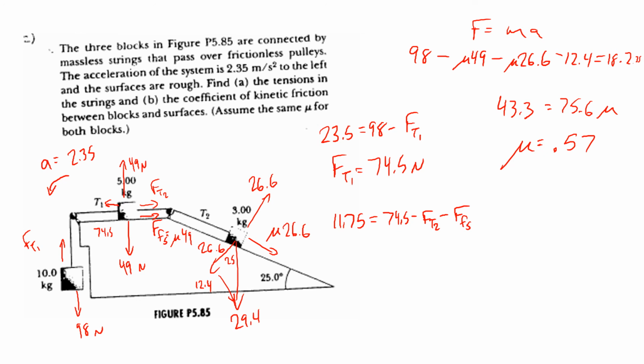So all we need to do is we can plug it into this area now. Since we know what mu is, so we can figure out what this is. This is going to be 49 times whatever that number was, which is 28.1. Alright, that's how many newtons the friction force on number 2 is. So now I know that 11.75 is going to equal 74.5 minus force tension 2 minus 28.1.